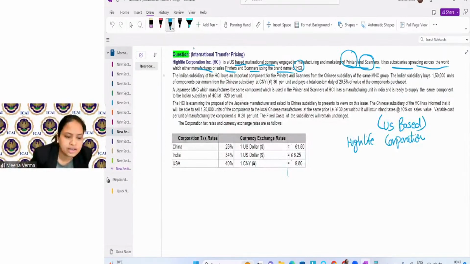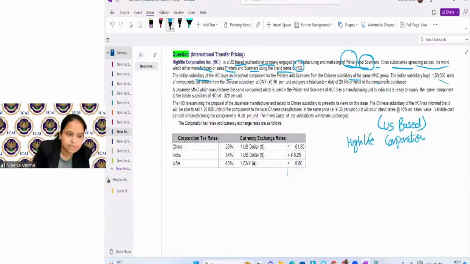Okay, what is next? Indian subsidiary of HCI buys an important component of printers and scanners from the Chinese subsidiary.